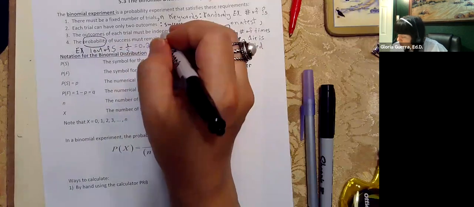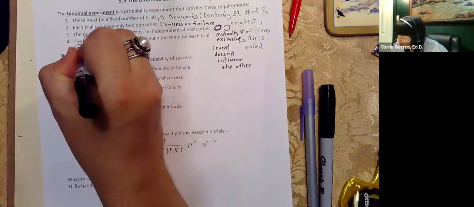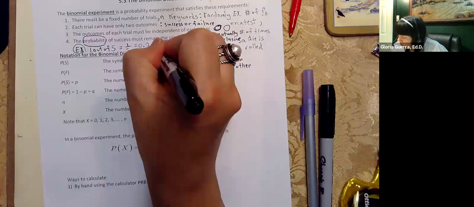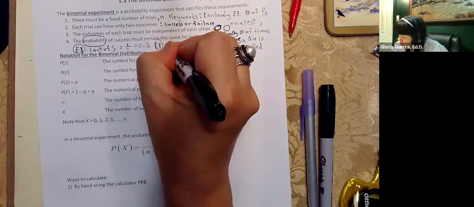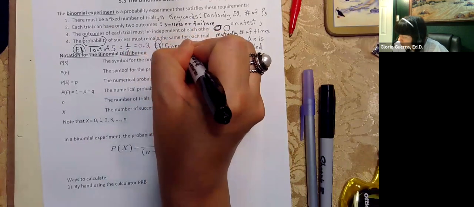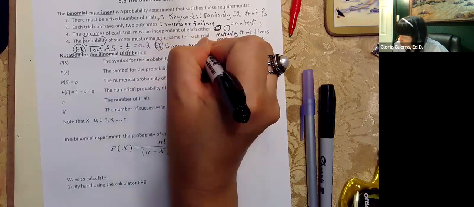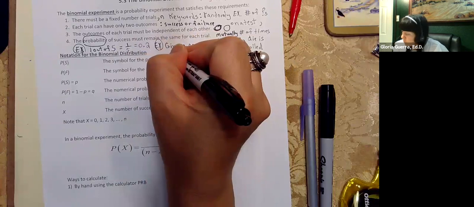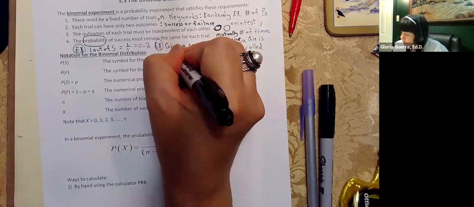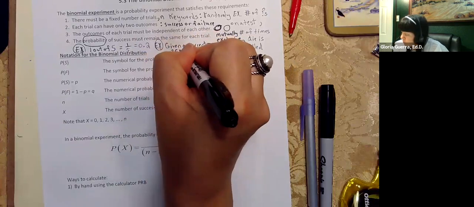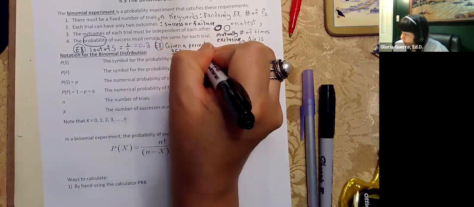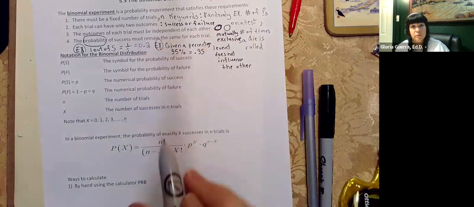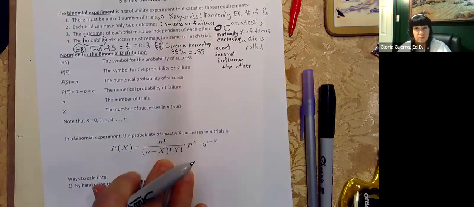Or for probabilities, you could be given a percentage, like 35%, that would be 0.35. That terminates. So you'll notice that in the problems when we read them.